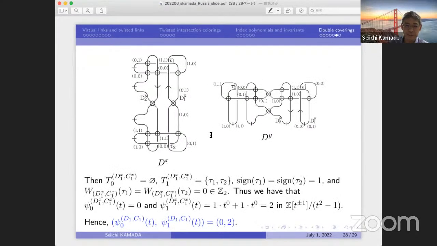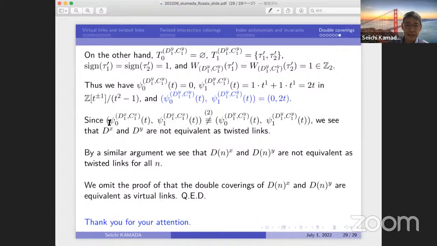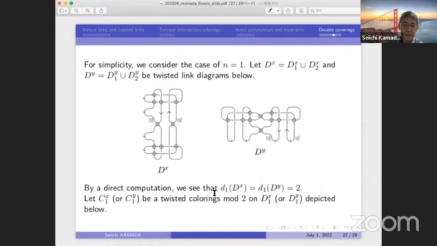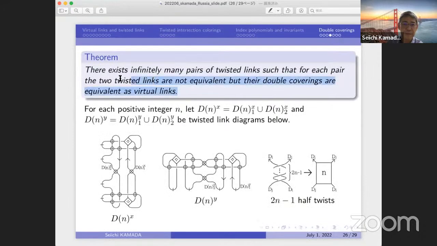Anyway, comparing the invariant of the pair, psi0 and psi1, both sides are not equivalent. So we see that Dx and Dy are not equivalent as twisted links. That is the conclusion from our theorem. And we omit the proof that the double coverings are equivalent. So we have this theorem.